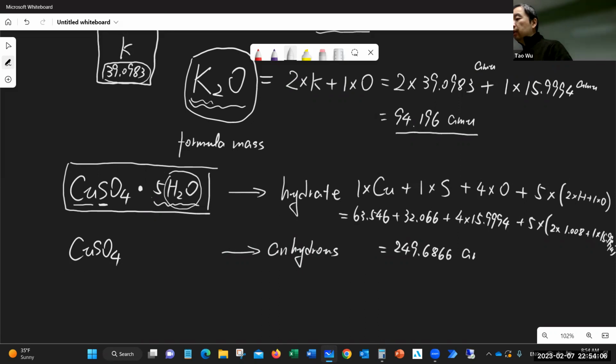And this unit is AMU, atomic mass unit, which means if we have one copper II sulfate pentahydrate molecule, we're going to have that much mass, in AMU. But last time we talked about the AMU unit being very, very small. Generally it doesn't work for normal daily life.